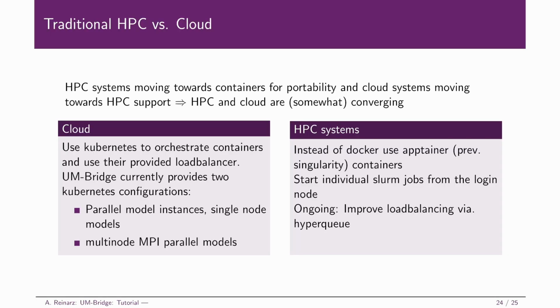In the cloud, what we do is what I've described on the previous slide. We use Kubernetes to orchestrate our containers, and we use a modified version of their provided load balancer. Currently we provide two different configurations for that. You can have parallel model instances with single node models, or you can have multi-node MPI parallel models.